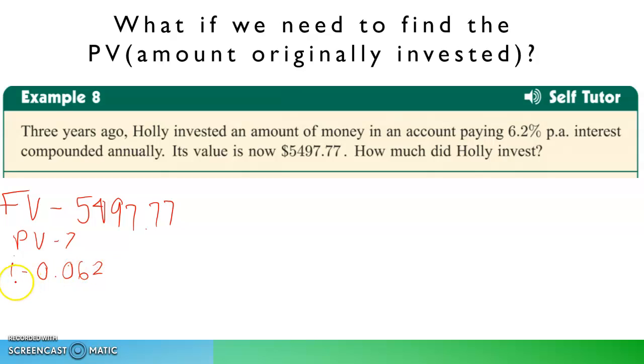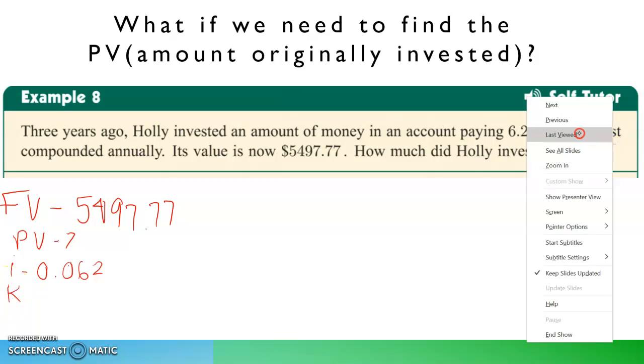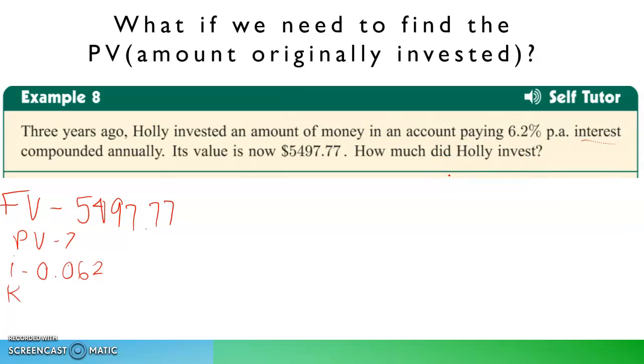We know that K, the number of times the interest is compounded, is annually, so once per year. So again, K is going to have a value of 1. And we know that Holly invested this money for 3 years.